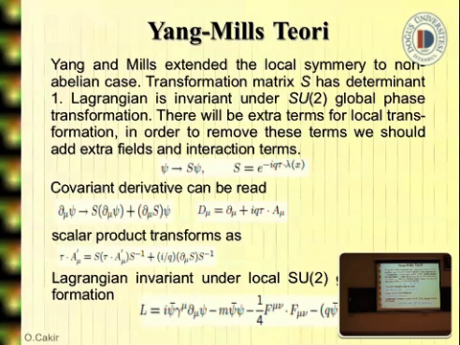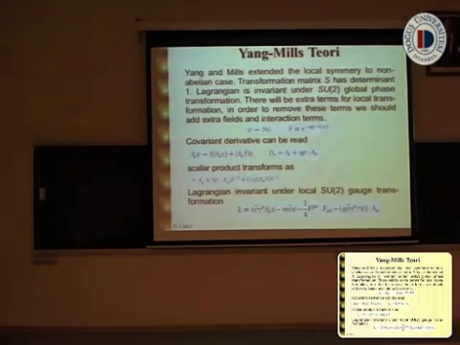Okay, Yang-Mills extended this local symmetry to the non-abelian case, and the transformation matrix S is given here, which contains the generators of the group, tau times lambda, for example. Then we will have 3 components of lambda and 3 matrices for tau.